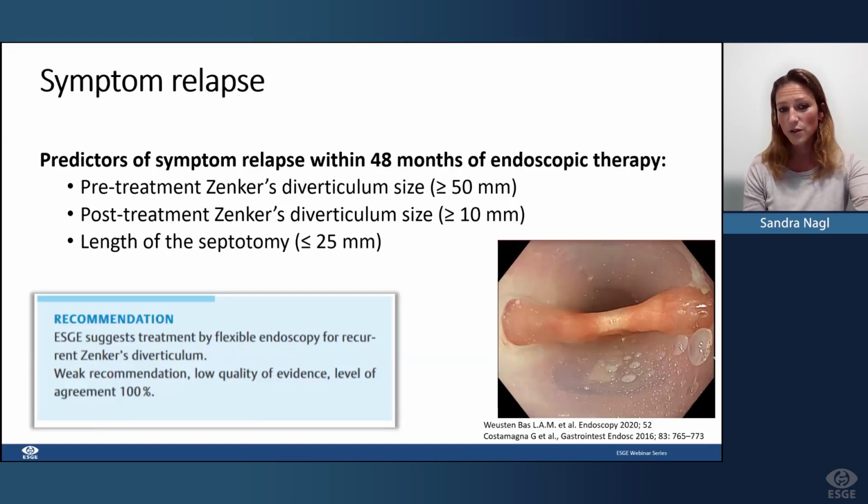These are really large Zenker diverticulum, such as greater than 5 centimeters, or a Zenker diverticulum greater than 10 millimeters after the treatment, or if the length of the septotomy was less than 25 millimeters. But anyway, the ESGE guidelines from 2020 suggest the treatment to be done by flexible endoscopic septotomy for recurrent Zenker's diverticulum.